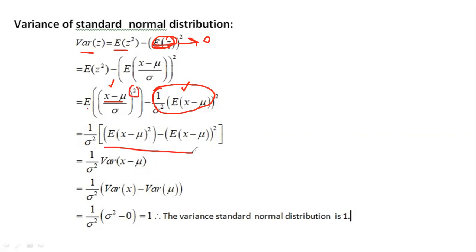This is the same as expectation of x square minus expectation of x whole square, where variance of x is equal to expectation of x square minus expectation of x whole square.